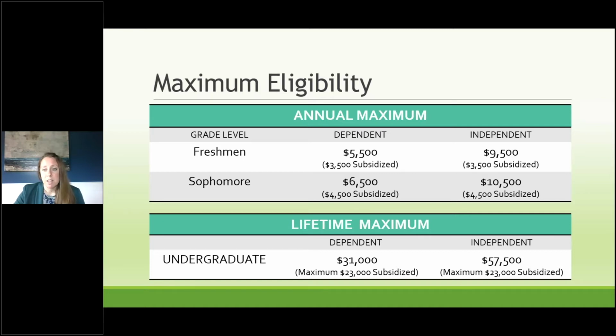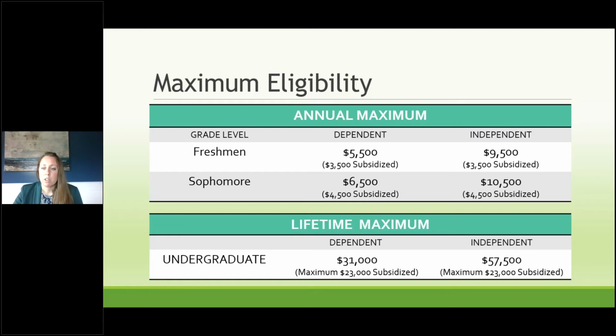So when the government subsidizes those student loans, it means that they are paying the interest for the student as long as that student is enrolled at least half time. Subsidized loans are need-based, so not all students qualify for a subsidized student loan. It just really depends on the information that's put into the FAFSA.